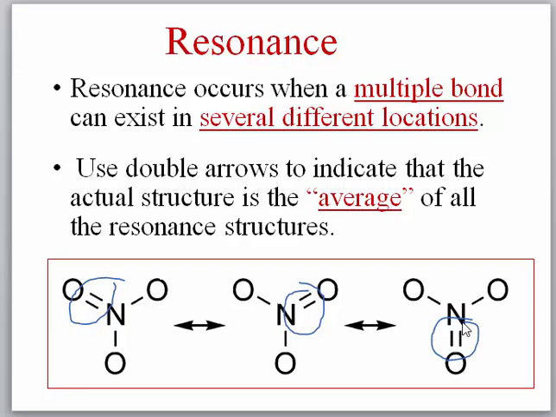You're saying that this molecule contains some kind of an average of all those resonance structures, that it doesn't contain two single bonds and a double bond. It contains an average of that. And our bond order is going to help us to prove and support our resonance structures.